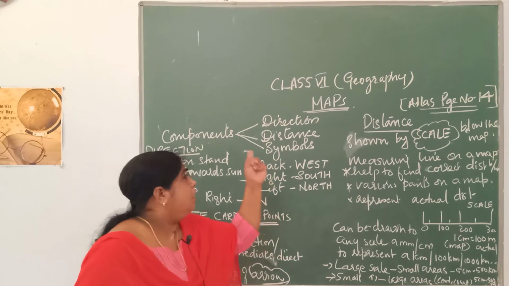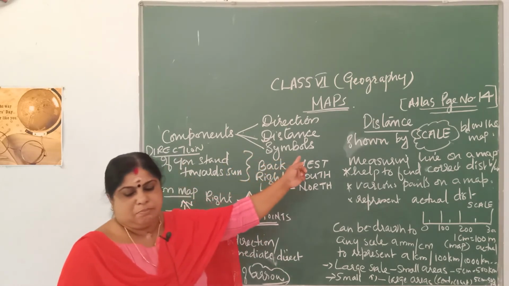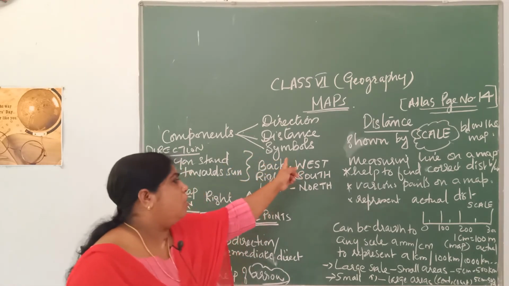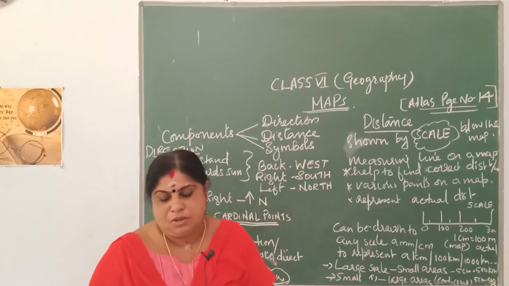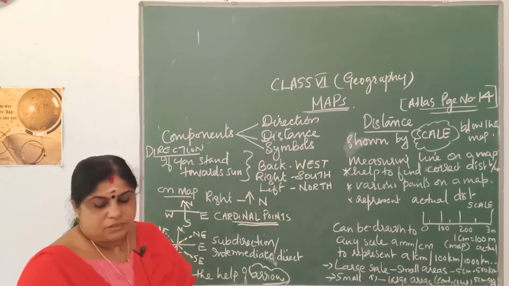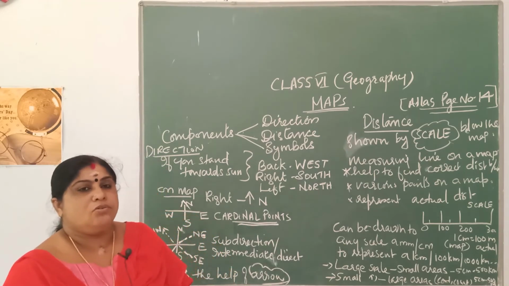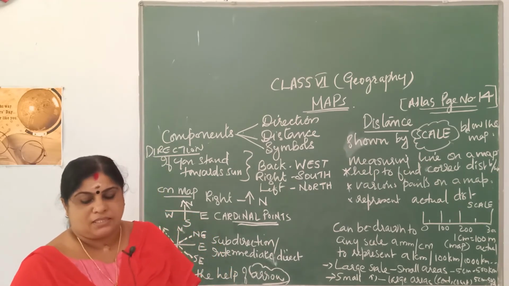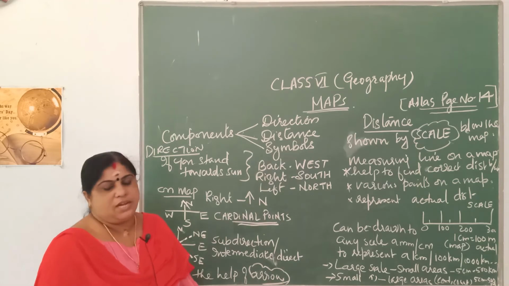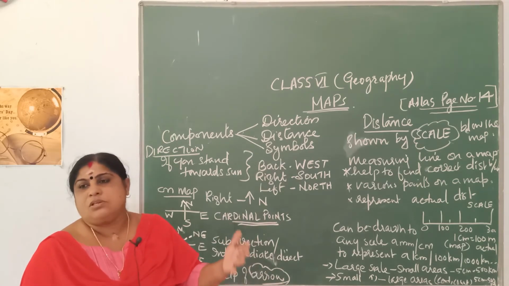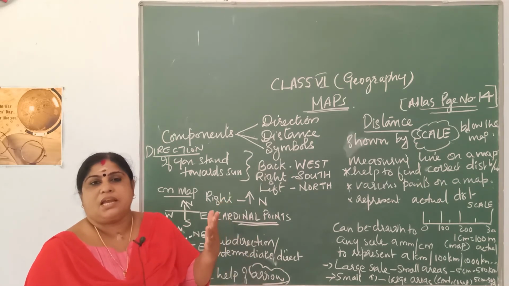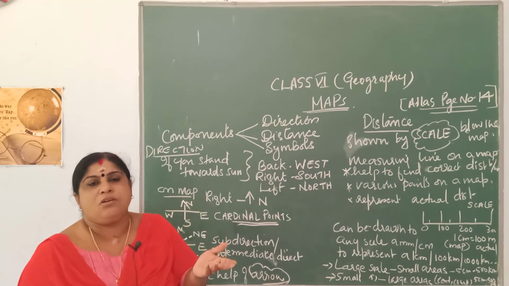Now the third component of a map is symbols. You know what a symbol is, isn't it? Symbol means, it's not always possible for us to show the actual shape and size of different features like mountains or dams, huge buildings, etc. They cannot be represented easily on maps.